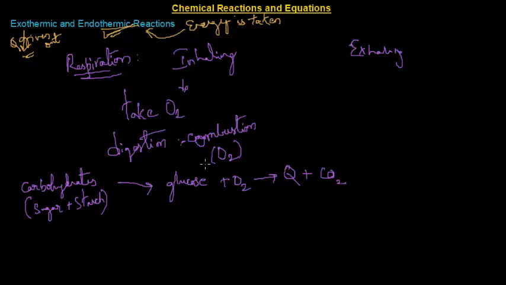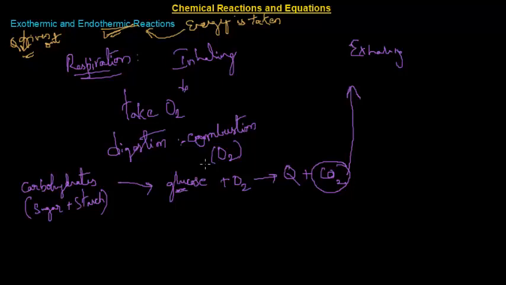This carbon dioxide which is released is sent out of our body during exhalation or exhaling process. First we take oxygen. Oxygen is spread into blood, and then the blood spreads throughout the tissues, and the food which is digested will give glucose.